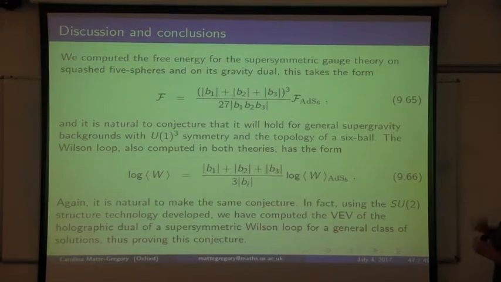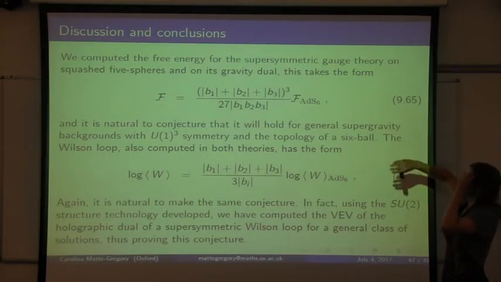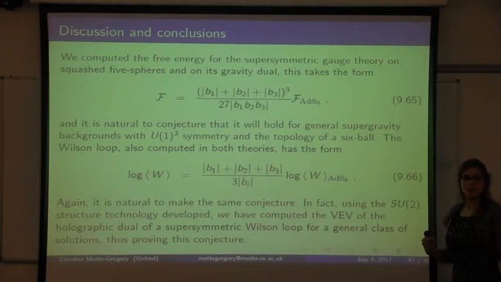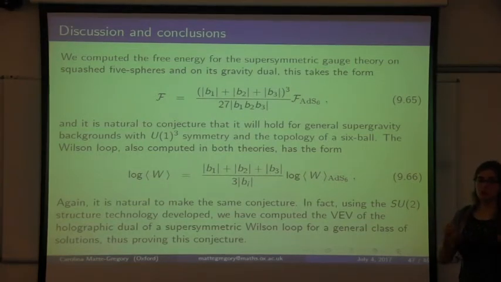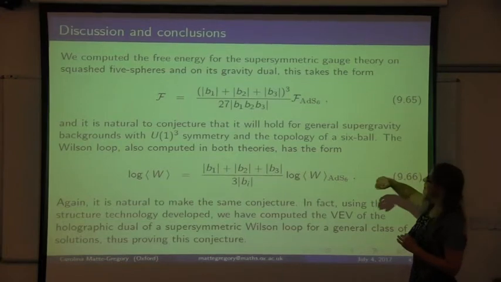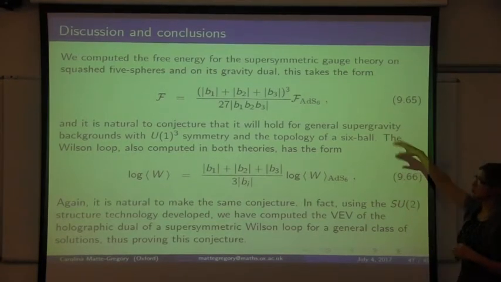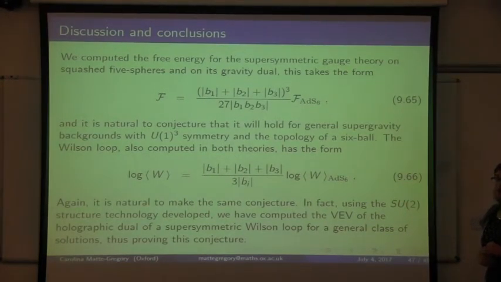So you have the same topology as your 5-sphere. And then maybe you could do some other types of squashing, but as long as you still have the topology of the sphere, we conjecture that this should be the free energy for it, always.